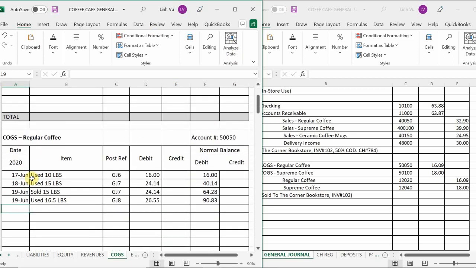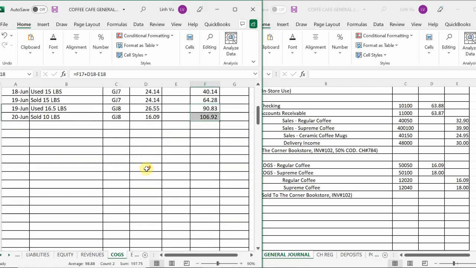So here we are, cost of goods sold for the regular coffee. Right, we sold 10 pounds. So what is my total ending balance in my cost of goods sold? 106.92.